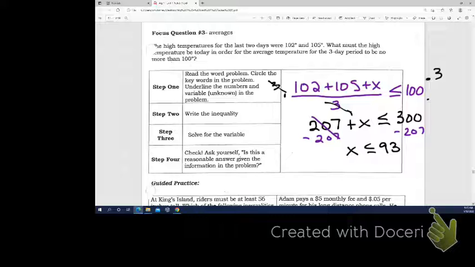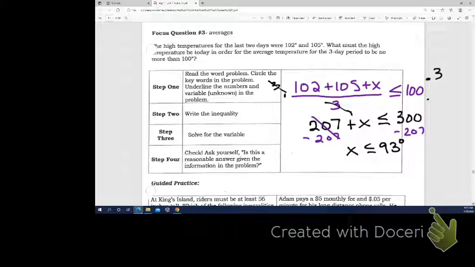So if the average for 3 days is going to be no more than 100, then today's temperature needs to be 93 or less. So something less than 93, like 80, then the average would be less than 100. If it's exactly 93, it's going to be exactly 100.